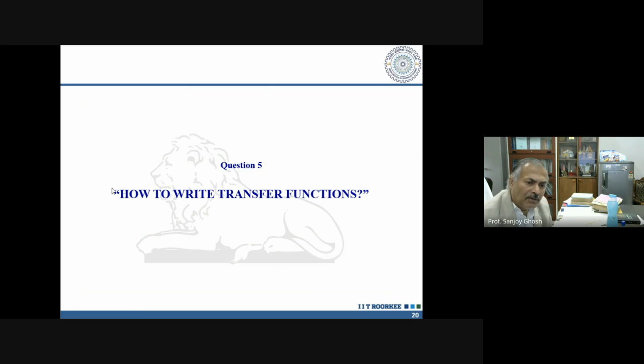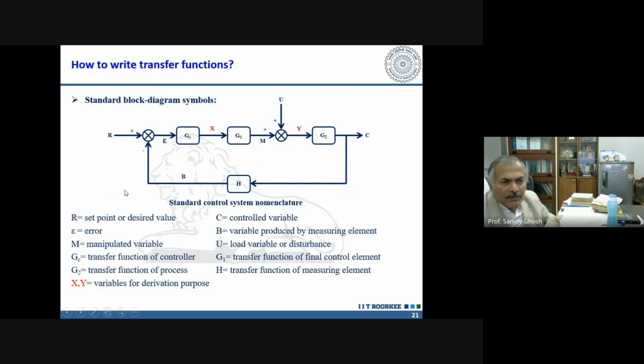Then how to write the transfer function? Now here, look at this, as a standard block diagram. GC is the transfer function of the controller.